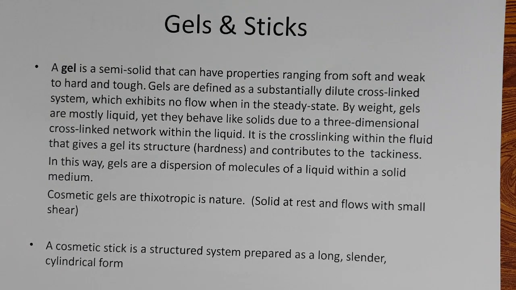What gives that cross-linked system? The polymers, which exhibit no flow when at rest, no steady state flow when at rest. But when you give slight shear, it breaks and it flows, right?